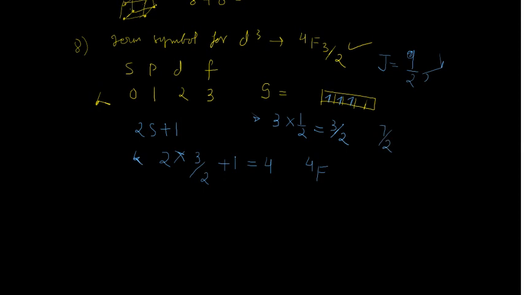And this 3 by 2 actually is the most suitable J value, so put that there. So your answer should be just like that. If you have done this question correctly, then obviously you will get the marks.